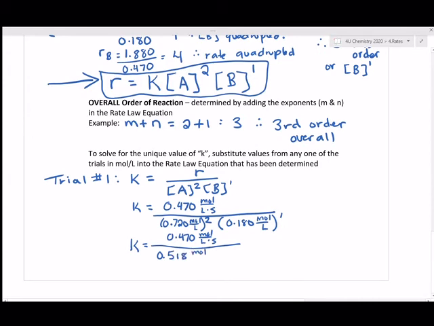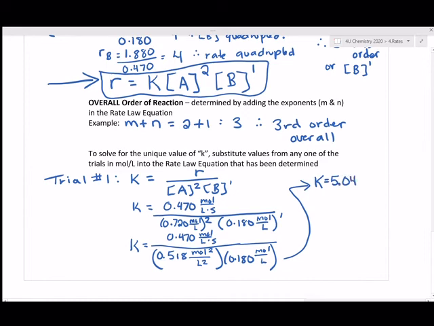It's going to be moles squared over liters squared. Okay? And then that is still going to be multiplied by 0.18 moles per liter. Okay, so you should practice doing this because the math is kind of crazy. And if you solve it correctly, K is going to come out to equal 5.04.